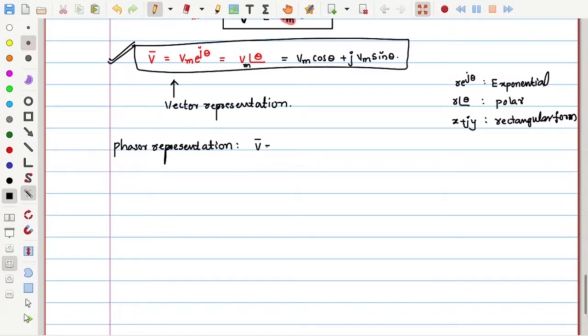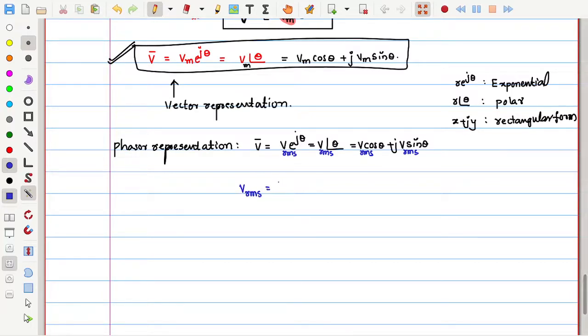See, this V e power j theta, or V at an angle of theta, or simply V cos theta plus j V sin theta. What does V mean? V means the RMS value of the voltage. How much is the VRMS?